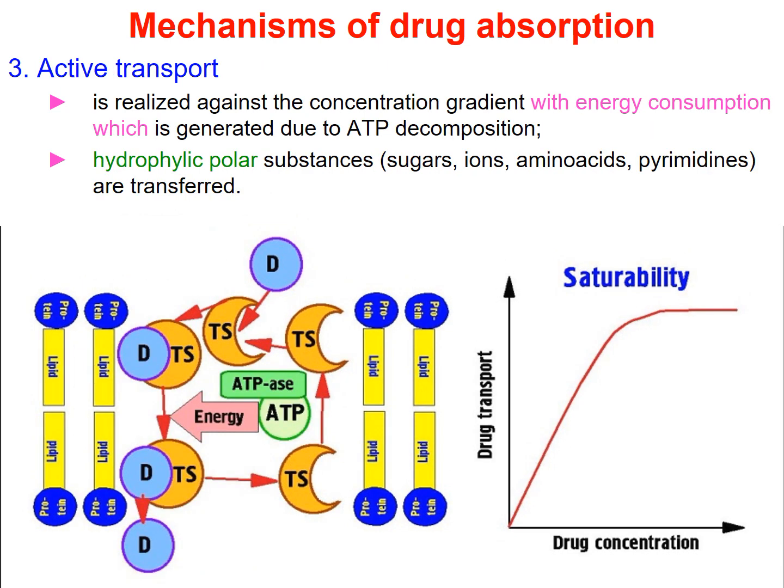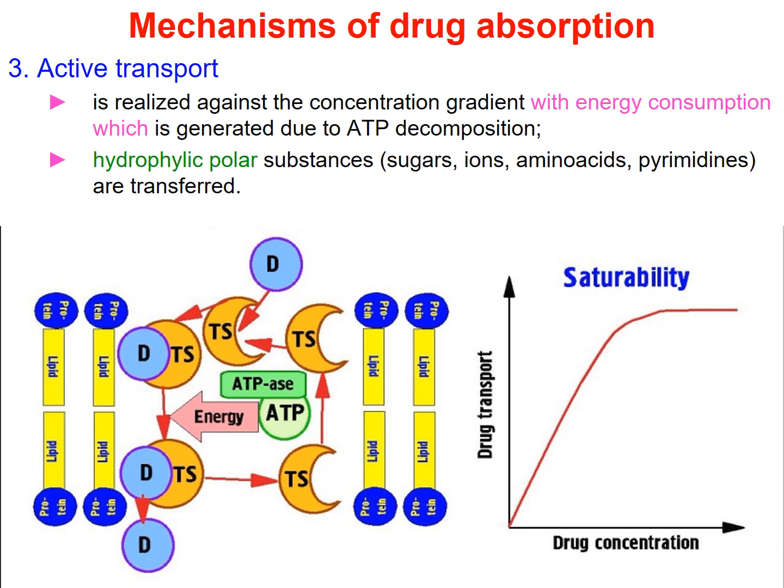The third mechanism of drug absorption is performed with the help of active transport. This mechanism is realized against the concentration gradient, which means that the drug moves from the environment with low concentration into the environment with high concentration.